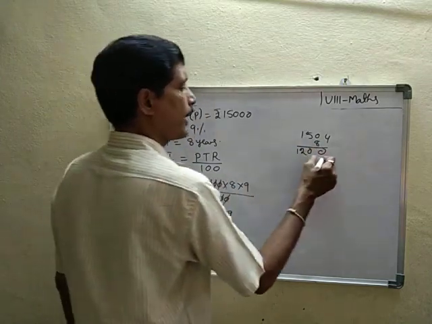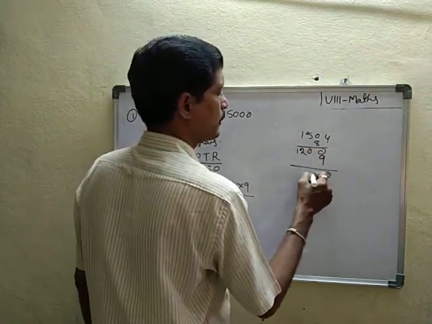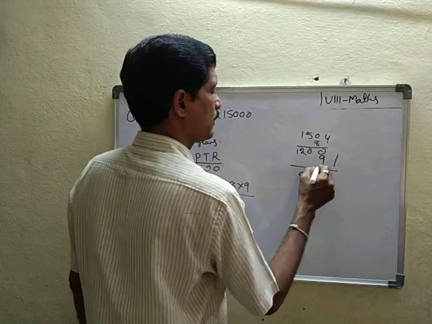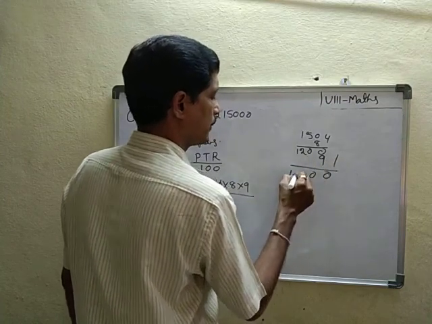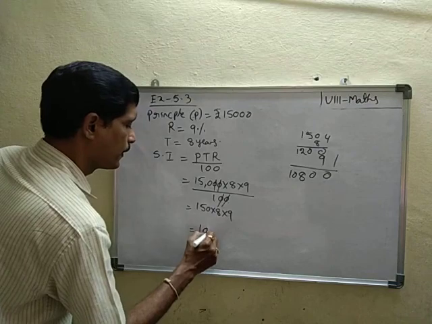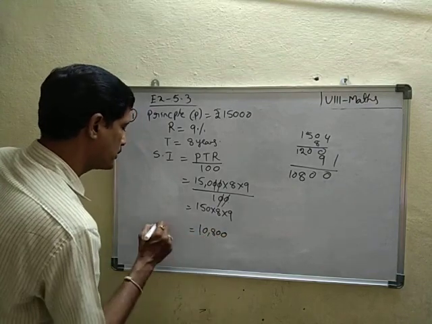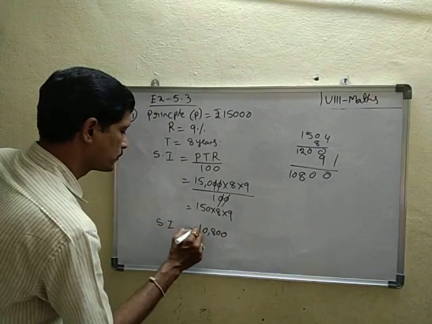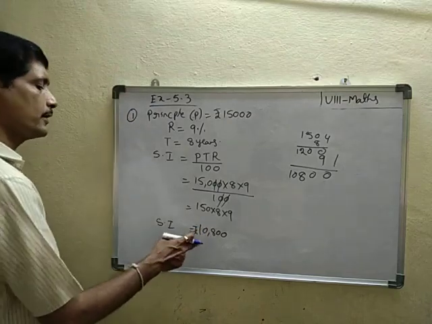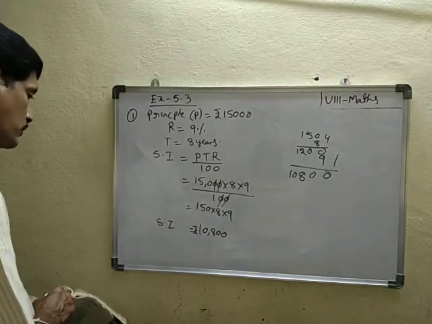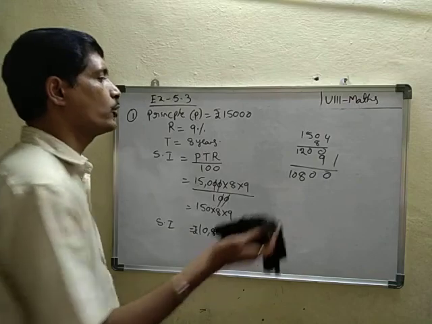Again 1200 into 9 is 10,800, that is the simple interest. Therefore after 8 years the interest is 10,800 rupees.